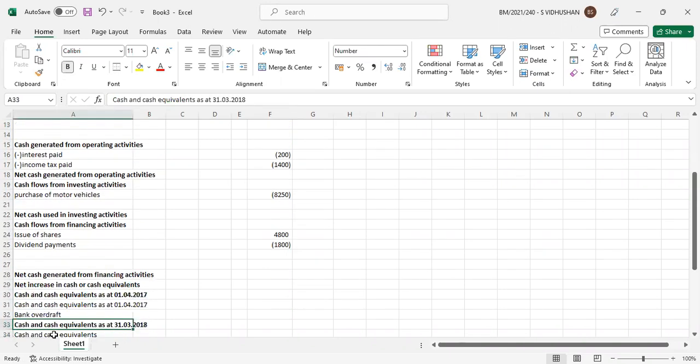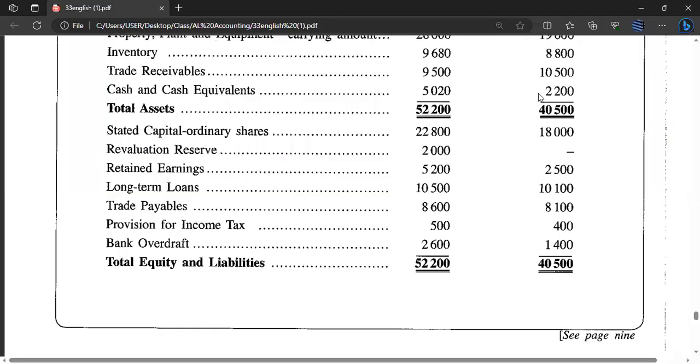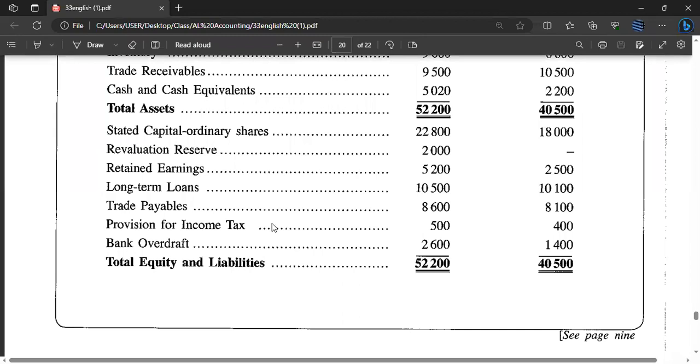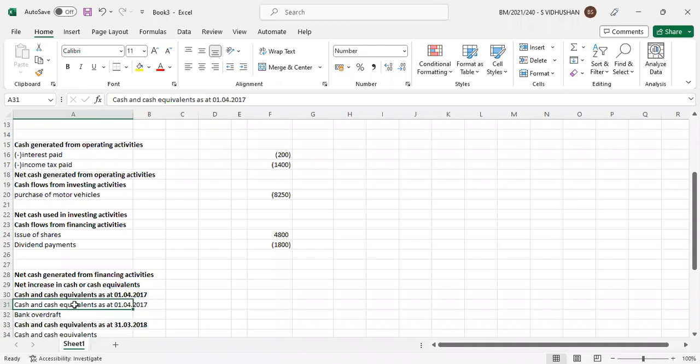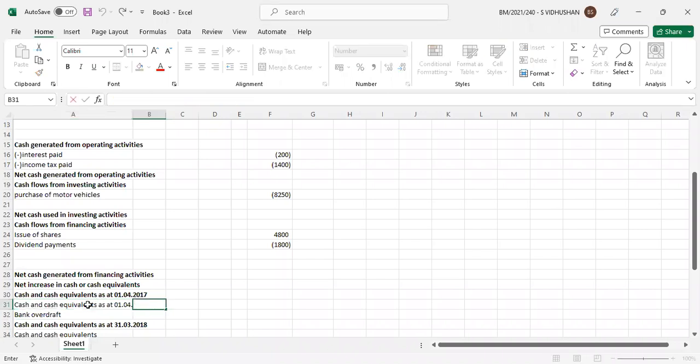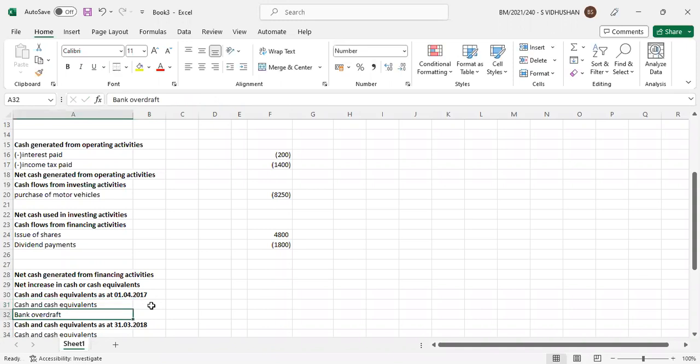So we need to record that as well. Cash and cash equivalent, and in this sum there is a bank overdraft. You must be careful. So cash and cash equivalents opening, we have 2,200, and there is a bank overdraft of 1,400.